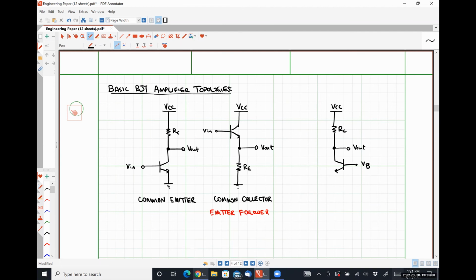We're going to apply a DC bias voltage to our base. And we apply our input at our emitter terminal. So this is common base.